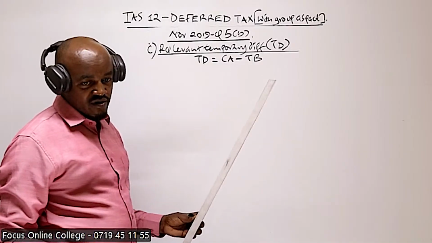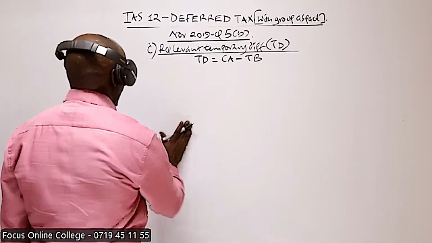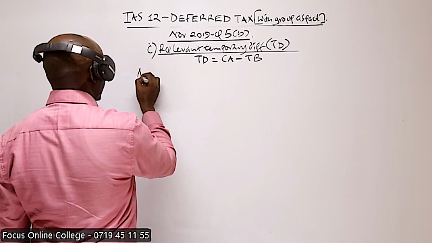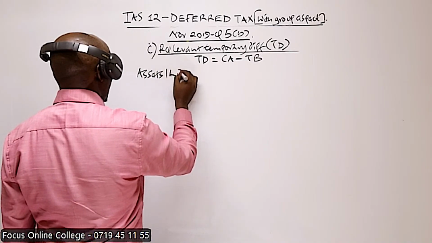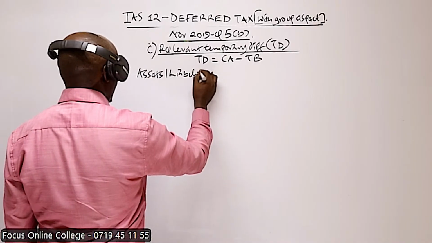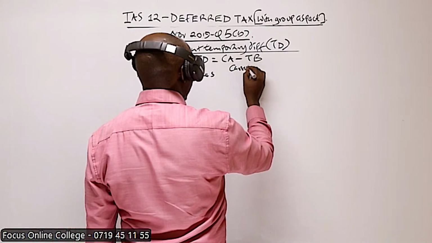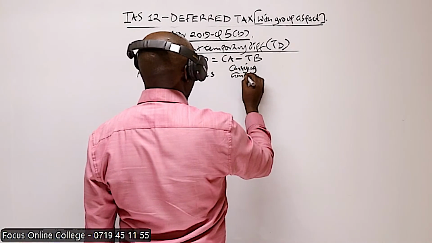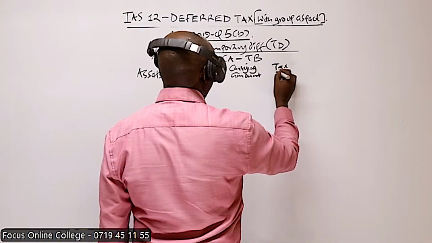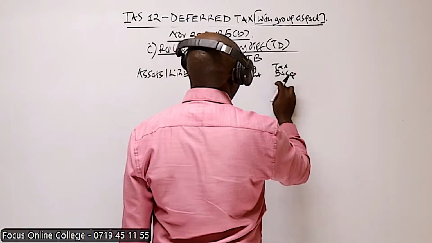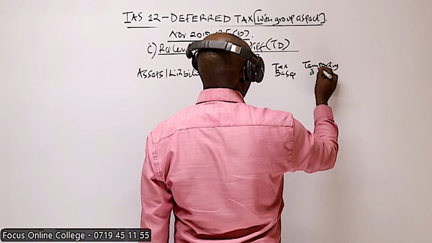Also, we have to recall we have 2 types of temporary difference, which are taxable and deductible. So what we need to do here is to have a column for assets/liabilities we're given from note 1 all the way to note number 6. Then we will have a column for carrying amount, then the next column for tax base, and the difference between these two will be the temporary difference.